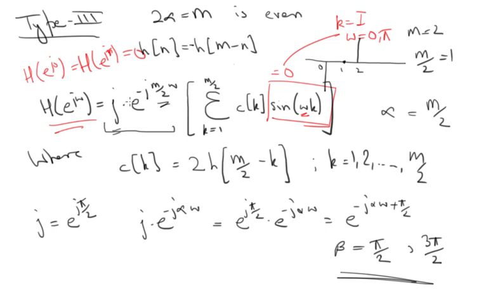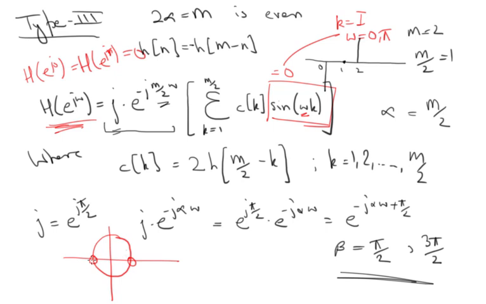In other words, if you sketch the pole zeros of this system, you will always have zeros at plus minus 1.